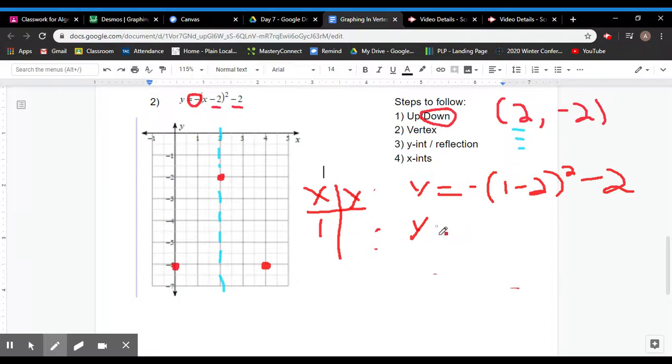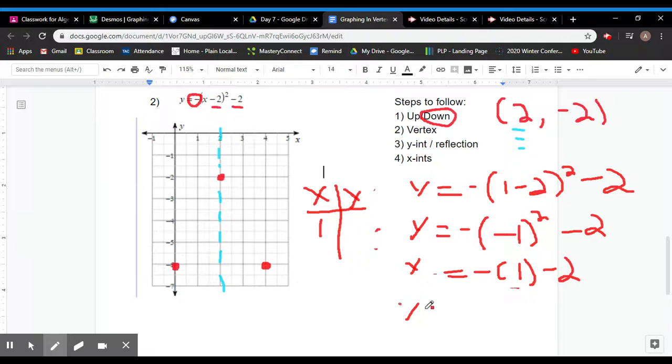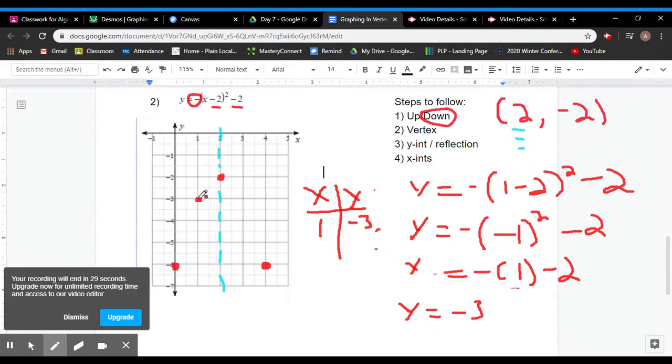Y equals negative, 1 minus 2 is -1, so you'll have a -1 squared. -1 squared is +1. So we have a -1 minus 2, so Y equals -3 in this instance. So when X equals 1, Y equals -3. So there's a point right here.